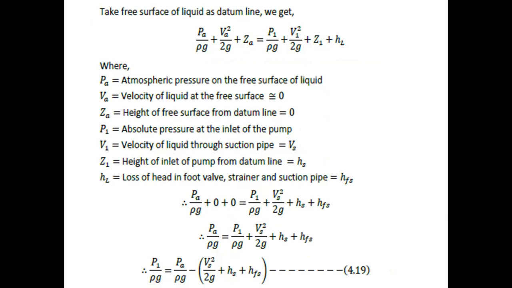Taking the free surface of the liquid as the datum line, we get PA upon rho g plus VA square upon 2g plus ZA equals P1 upon rho g plus V1 square upon 2g plus Z1 plus HL.